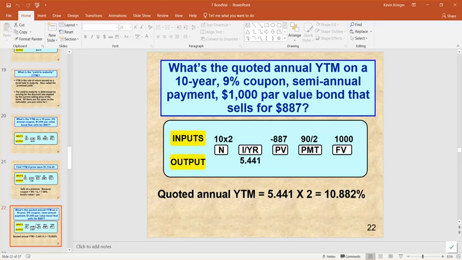You always convert the N. So if you have 2 coupons a year, instead of 10 years, you'd have 20. And you still always have to convert the coupons. Well, it might be 9% a year, but 9% a year is $45 every 6 months. But this time the conversion of the yield comes at the end instead of the beginning.